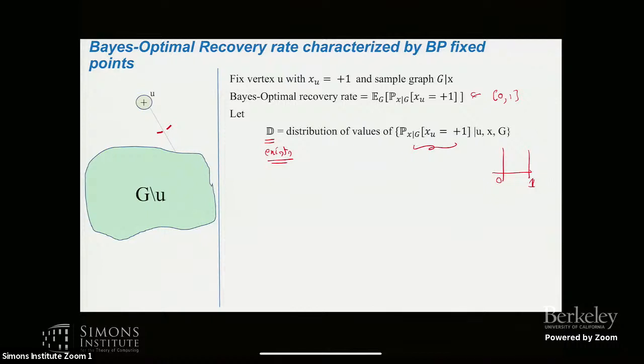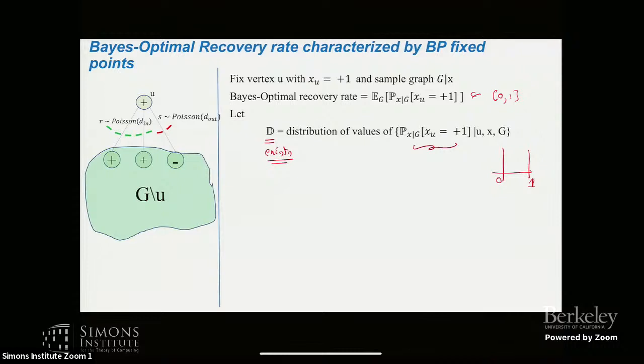In G, we talked about how to sample the neighborhood of a vertex U. How do you sample the neighborhood of vertex U? We take U and we sample a Poisson number of minus neighbors, and a Poisson number of plus neighbors, and you ask all the neighbors what their marginal values are.